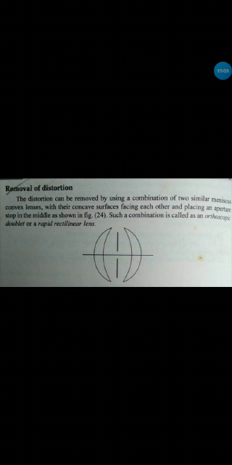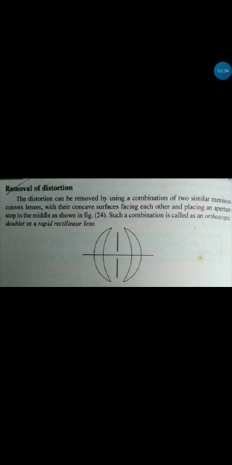So if you are observing the diagram, two similar meniscus convex lenses with their concave surfaces facing each other, and in between those two lenses, an aperture or stop is placed in the middle. Such a combination is called an orthoscopic doublet or rapid rectilinear lens.